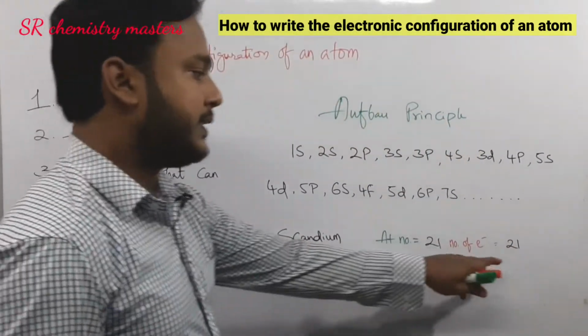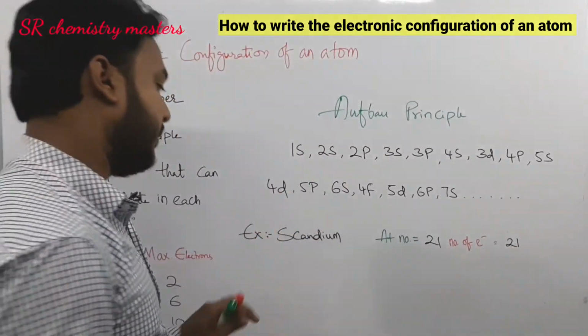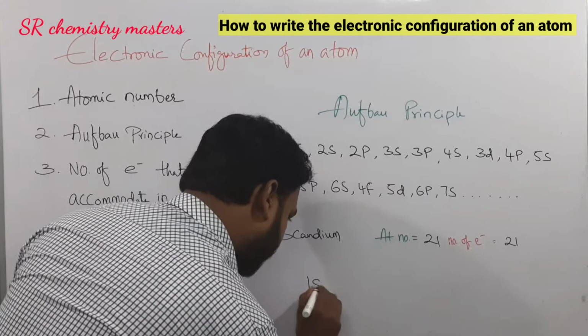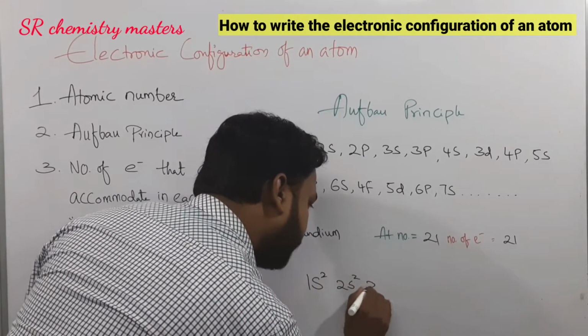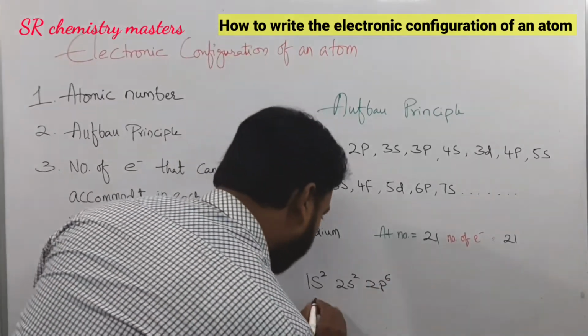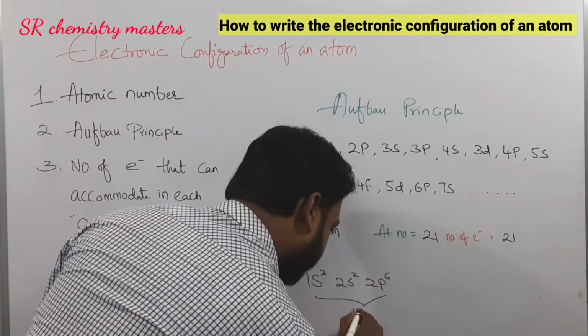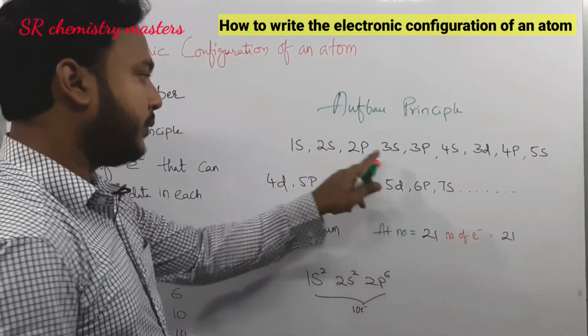Now distribute these 21 electrons into the orbitals in this order. 1s2, 2s2, 2p6. Up to here you have completed 10 electrons. Then after 2p, the electron enters 3s.